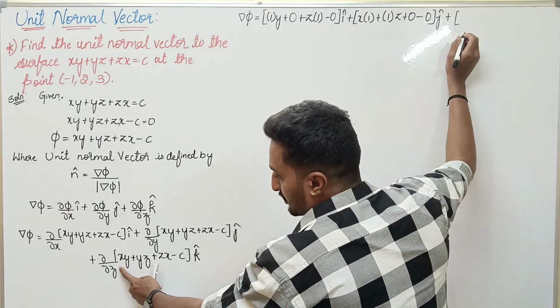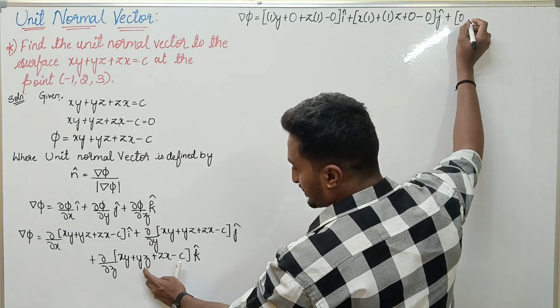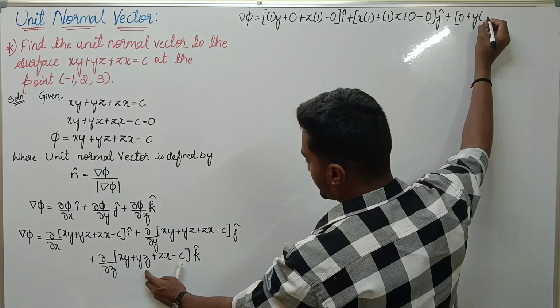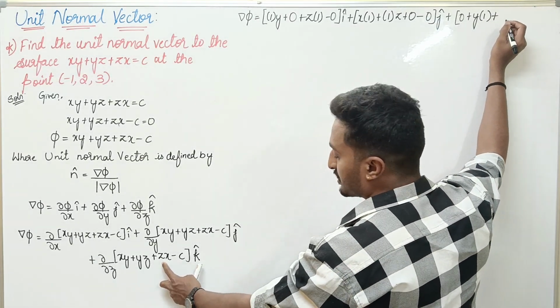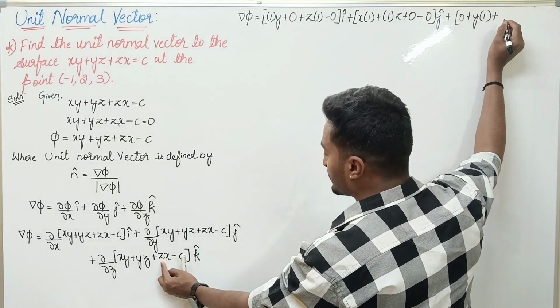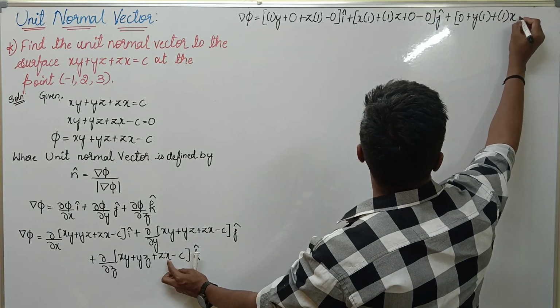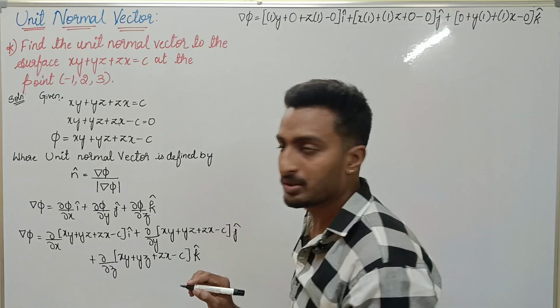Last, with respect to z: in the first term we don't have z, so it becomes 0. In the second term, y into differentiation of z is 1, giving y. In the third term we have z, so differentiation of z is 1, giving x. The constant term is 0. That gives the k cap component. Got the point?